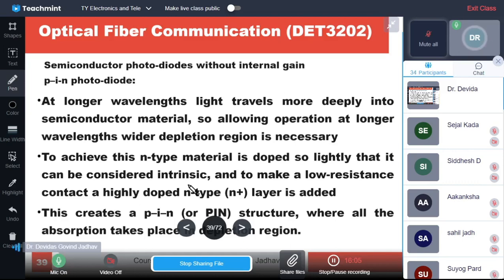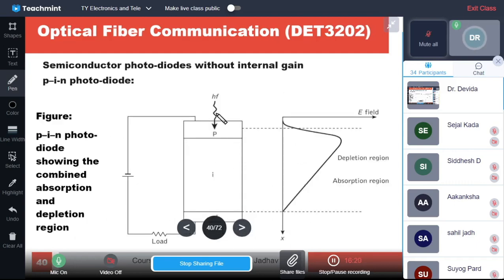So that creates the PIN photodiode. So P region is there, N region is there, and in between there is a lightly doped region, the I region, the intrinsic region. So this creates the PIN photodiode, and the intrinsic region occupies the electric field. So the depletion region is extended to the end of the device, so there is no diffusion region. So all the absorption region will be covered by the depletion region. So this is the PIN photodiode.